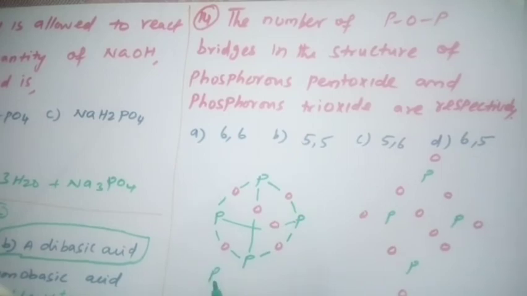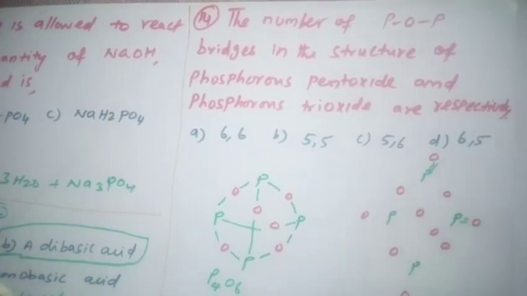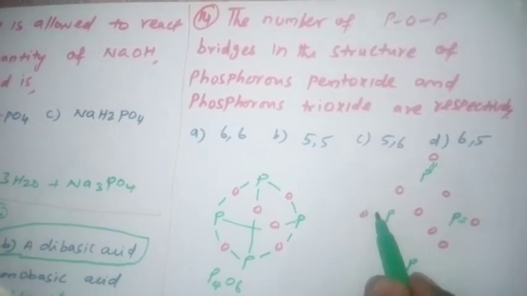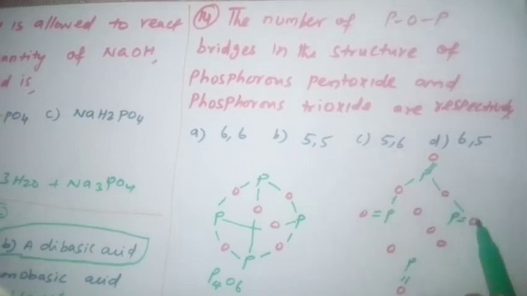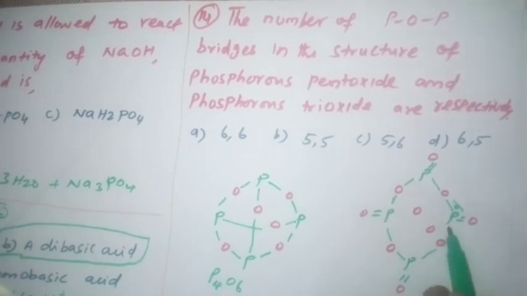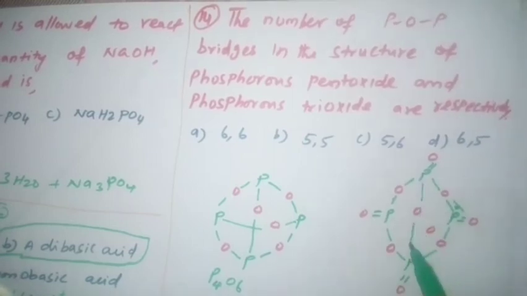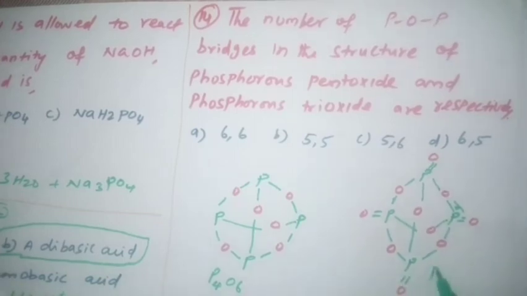This is P4O6, then here double bond O, and here double bond O, and here also double bond O. Now make a bridge here, then here, and like this. Clear? So this is P4O10.